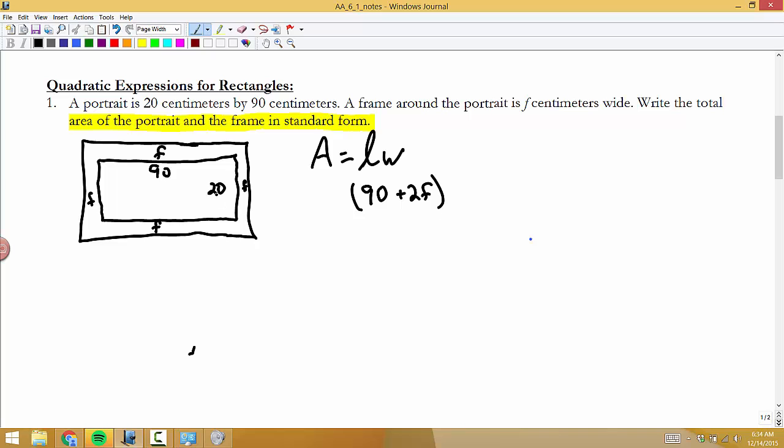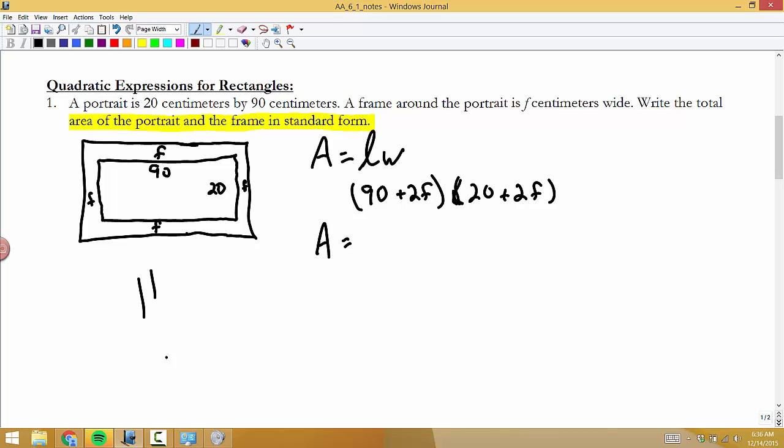If this is 20 and I have f on each side, it would be 20 plus, I'm sorry, plus 2f, because there's an f on each side. And now all I want to do is multiply those two. So we've got to think back to what we did when we were working with the FOIL method back in Algebra 1 course. So I'm going to use the FOIL method to multiply this out.